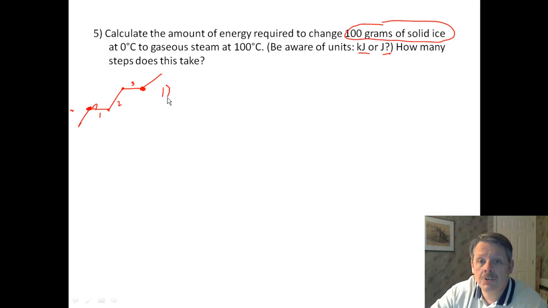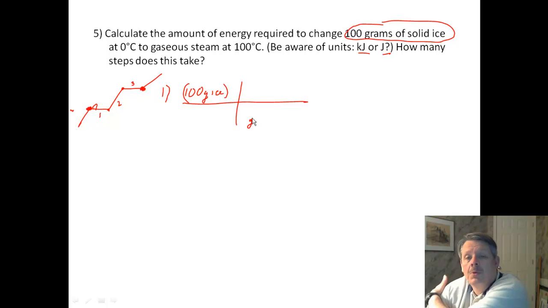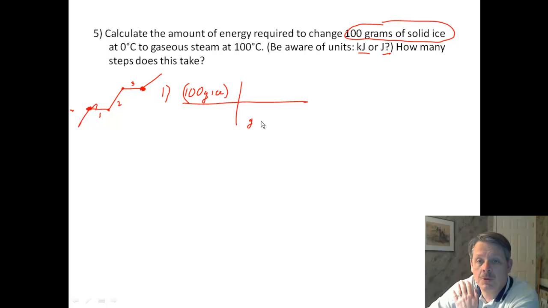Our first step is melting everything. So we're going to start with 100 grams of ice, and we're going to convert from grams. We know that we have a relationship between grams of ice, which is 1 gram of ice, to, sorry, how much energy does it take to melt 1 gram of ice?